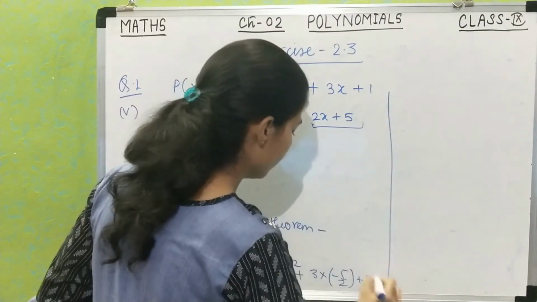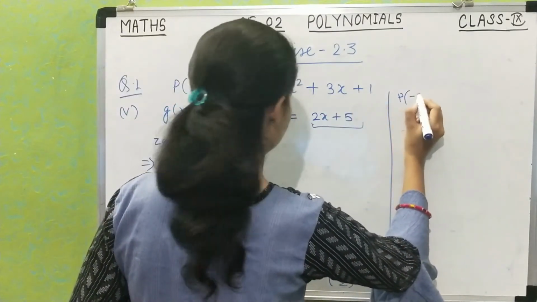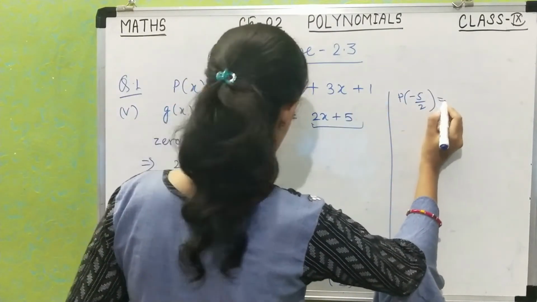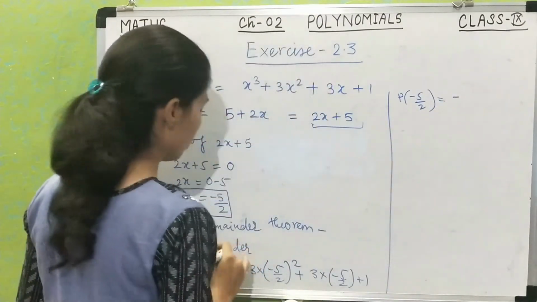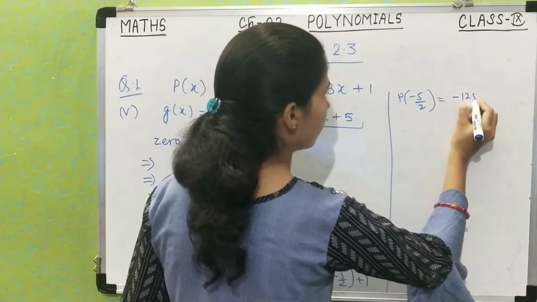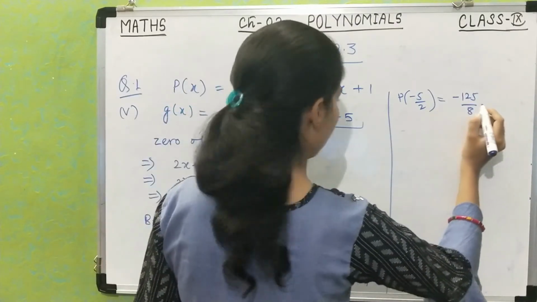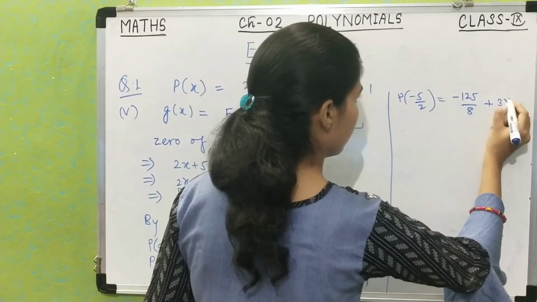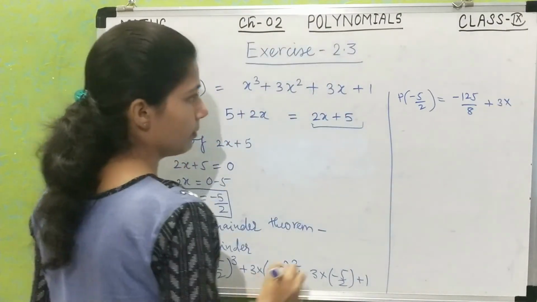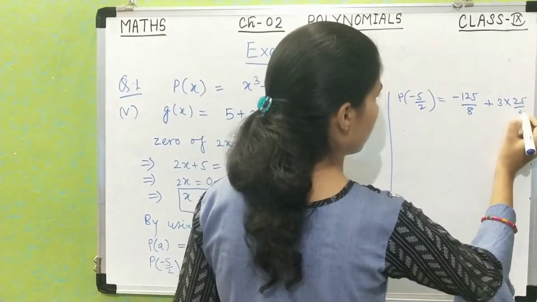Now see, the cube of minus 5 is minus 125 and the cube of 2 is 8. Plus 3 into the square of 5, that is 25, upon the square of 2, which is 4.